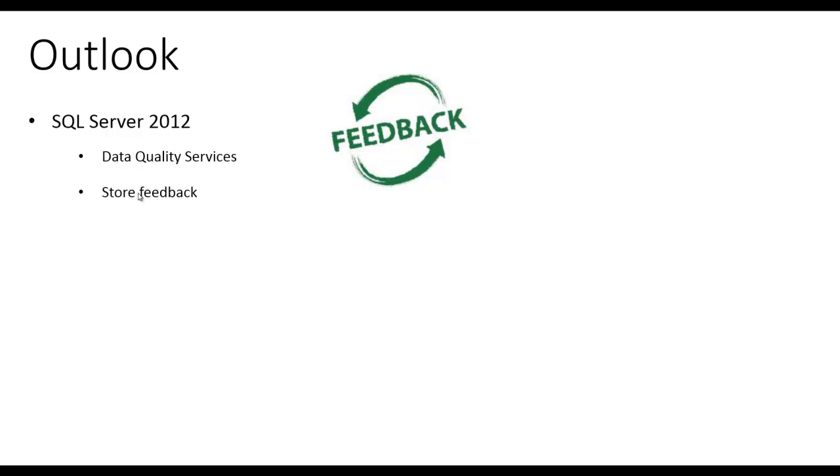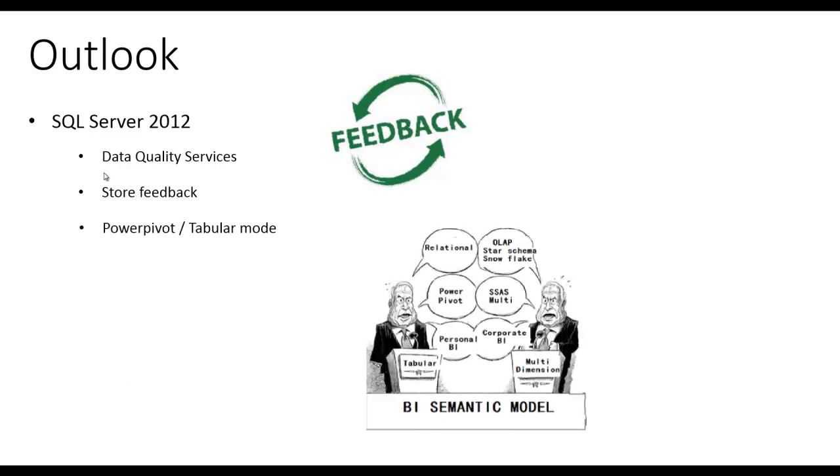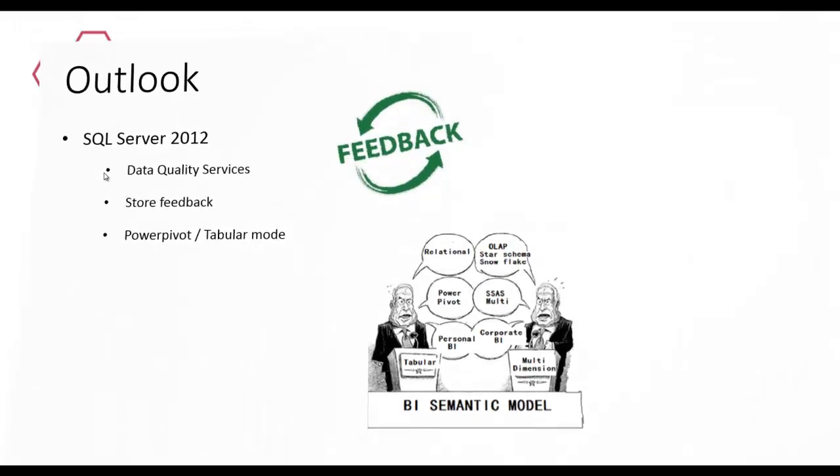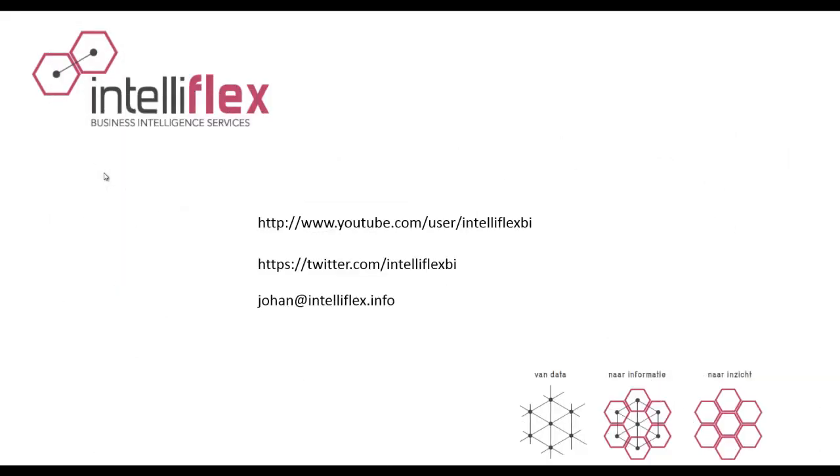And finally, we can talk about the new analytic mode, which is the tabular mode, the model, and we can look at whether we can realize the same functionality within the tabular or Power Pivot mode. So these are very interesting subjects for a future session.